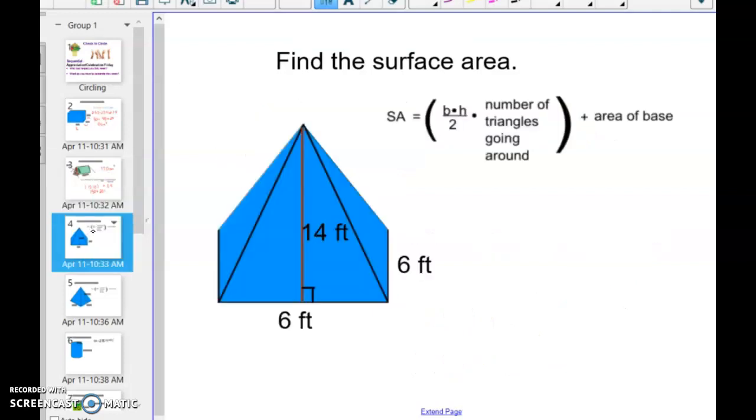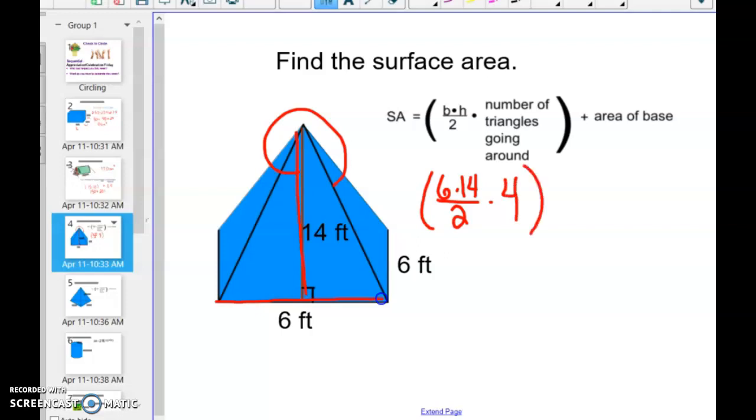Alright, the next shape we have here is a pyramid, and this one is a square pyramid because the base is 6 by 6, which is a square. So first I'm going to do the triangle. We have a base of 6, we have a height of 14. So I would do 6 times 14 divided by 2, times the number of triangles going around my shape, and this one has 4 triangles going around.